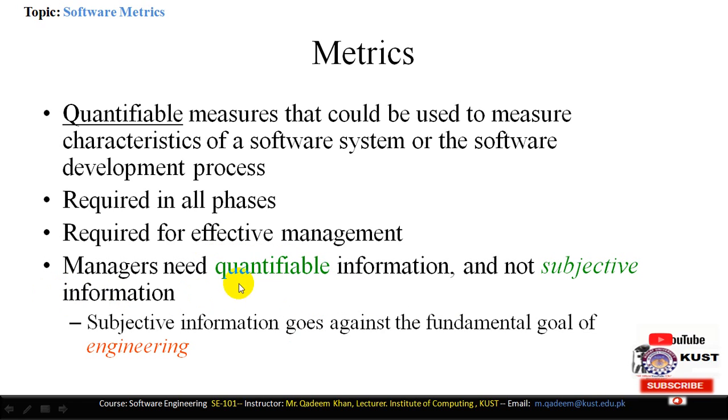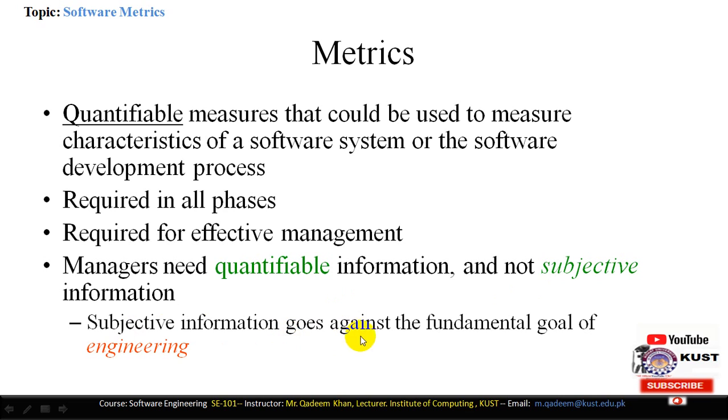Quantifiable means measurement, numerical information or statistical information. They don't require any sort of subjective information, because subjective information cannot express a particular value completely.